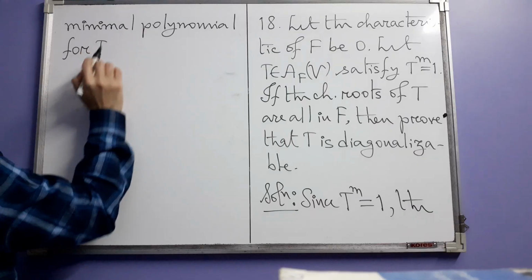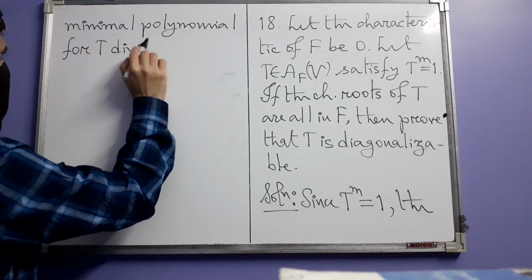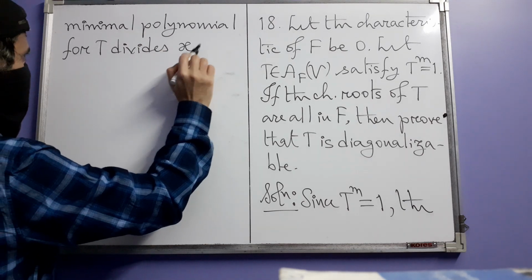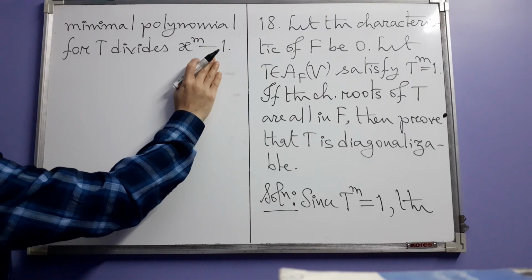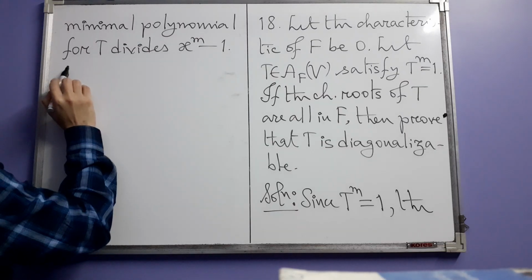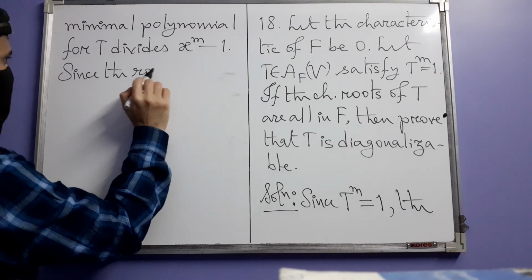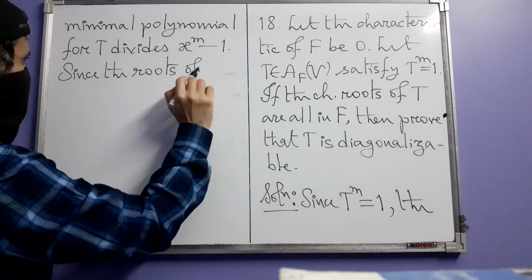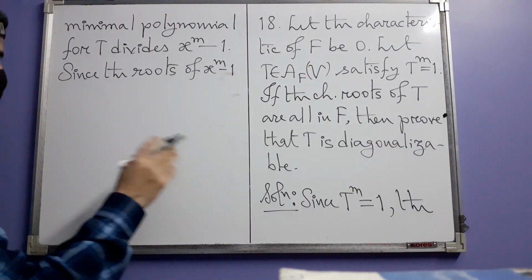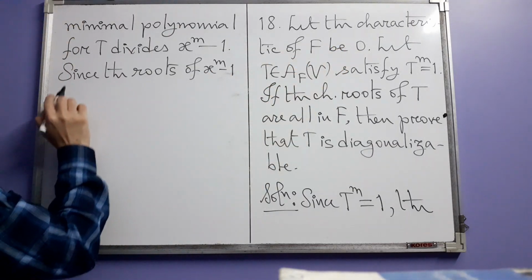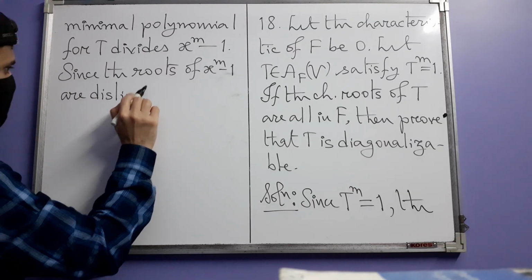The minimal polynomial for T over F, that's understood, divides this. Now this polynomial has only distinct roots, since the roots of this in any field, any field means any field of characteristic 0, are distinct.